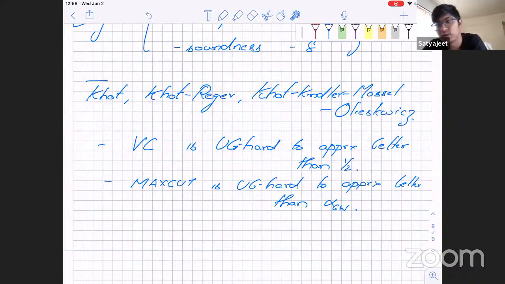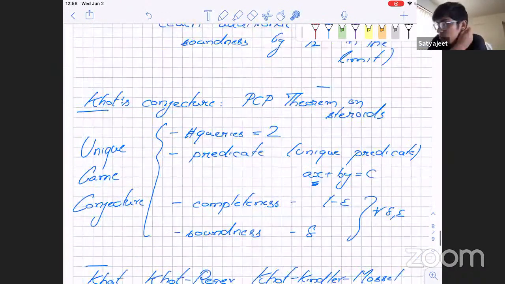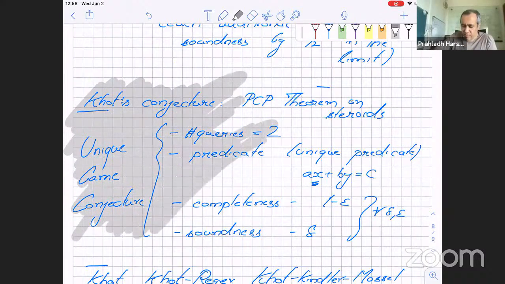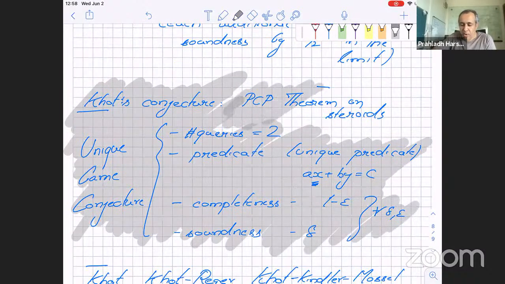So could you just go back to the unique games conjecture? Yeah. So what this states is, for every L in NP, or basically SAT, if you have a reduction to this PCP. SAT has such a PCP, a polynomial time, restricted verifier that tosses only logarithmically many random coins, but has the following feature.